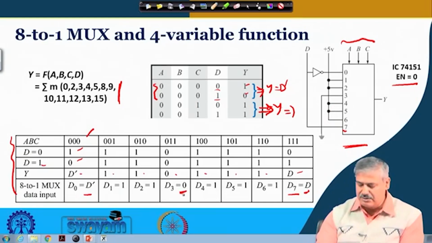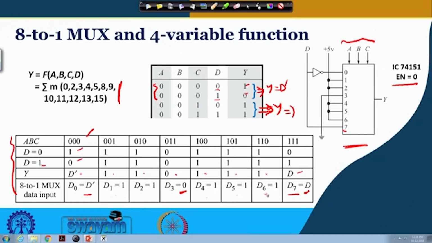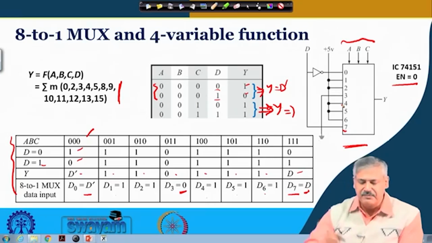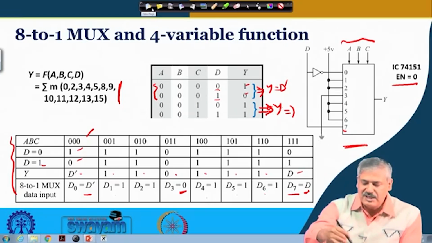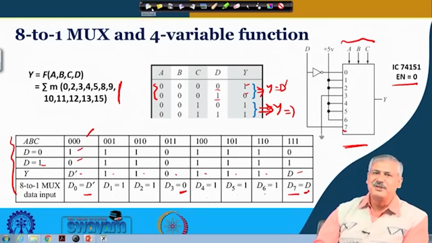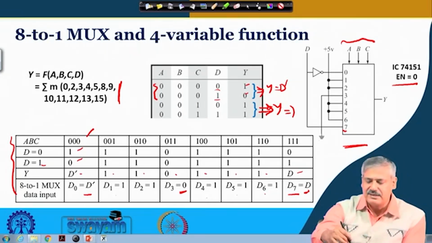So, D3 is equal to 0 and the rest, D1, D2, D4, D5 and D6, are 1 and the circuit is realized. Truth table is realized. So, that is how this multiplexer is very useful and used as a universal logic circuit.